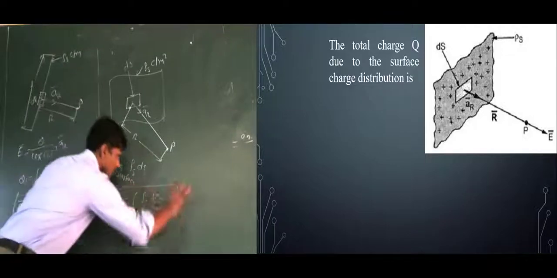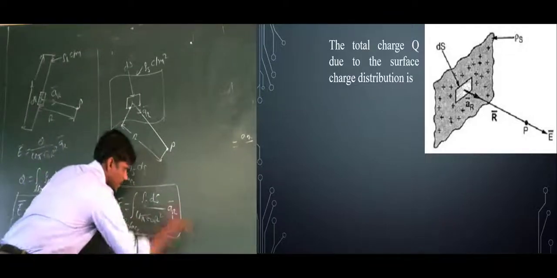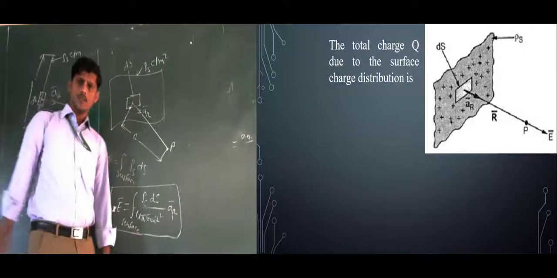This is the equation of electric field intensity at point P due to surface charge distribution.